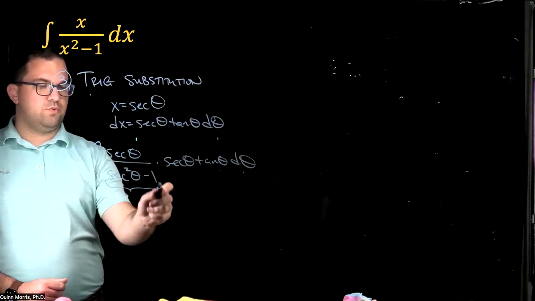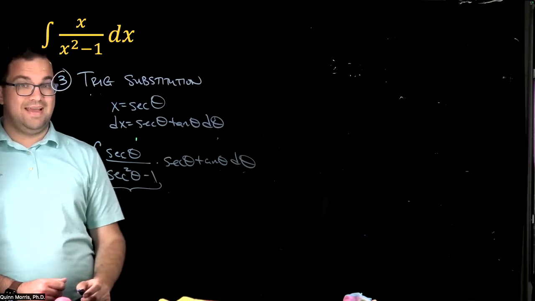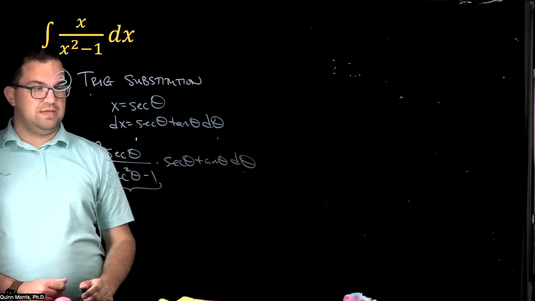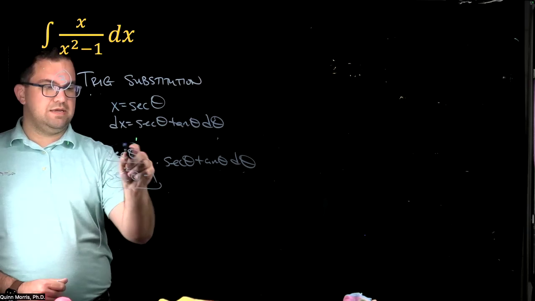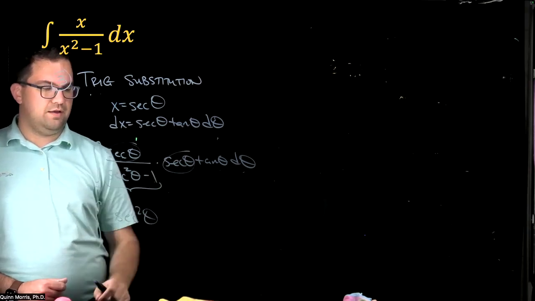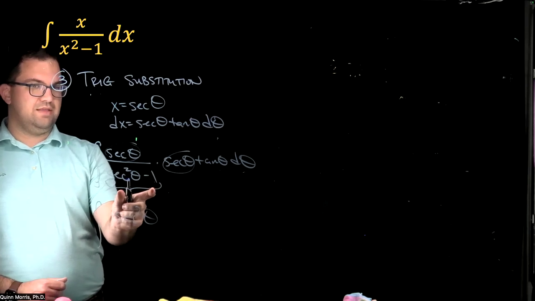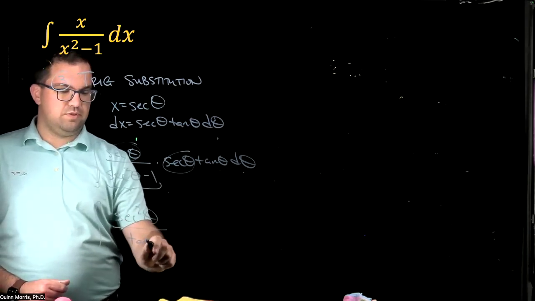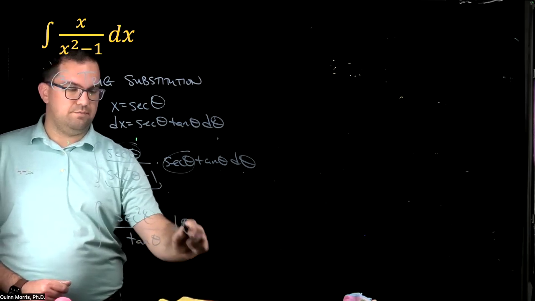And now this secant squared theta minus 1, that's just going to become tangent squared theta. So this becomes the integral of, so I'll get a secant and a secant. That's going to be a secant squared theta. This will be a tangent squared theta in the denominator, but I have a tangent theta here. So I'll just end up with a tangent theta in the denominator.